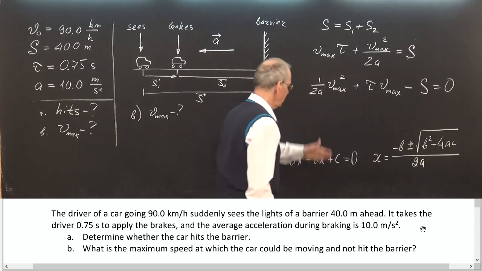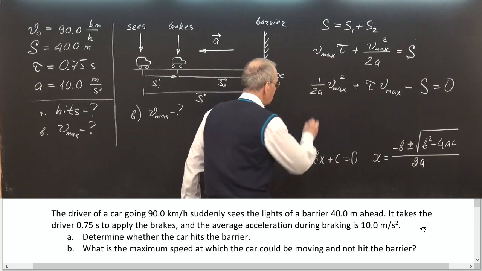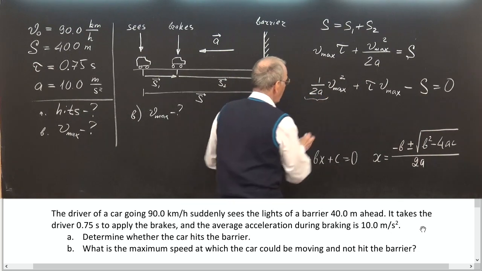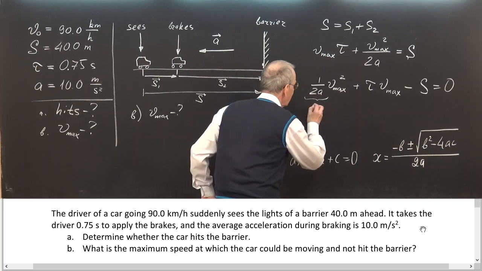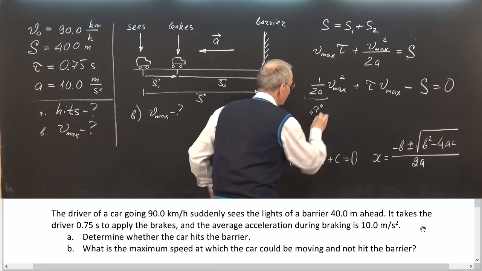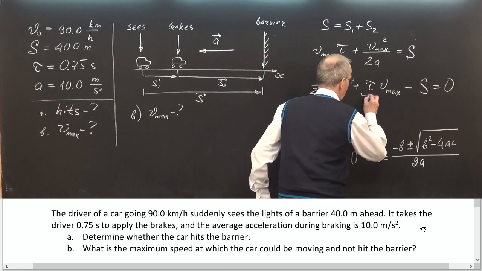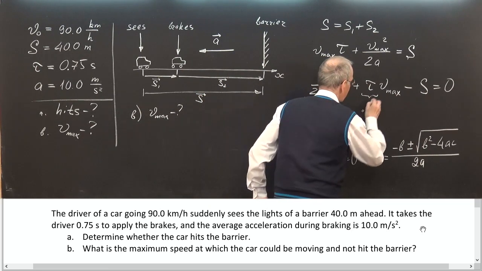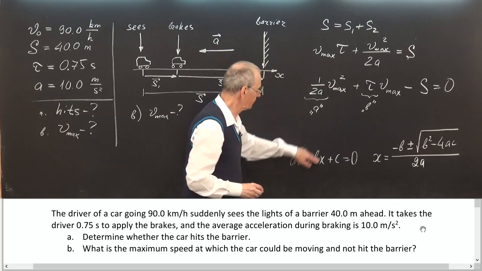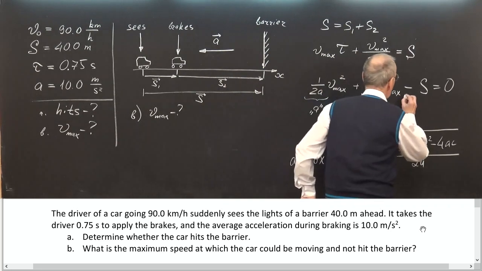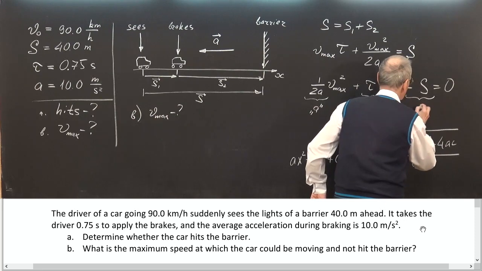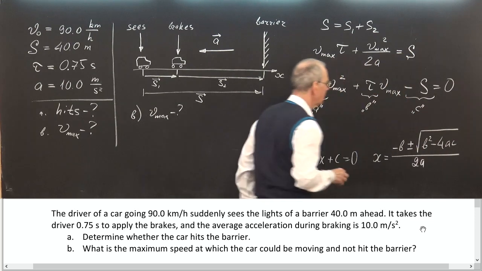Let's compare: 1 over 2a instead of a, tau instead of b, and minus s instead of c.